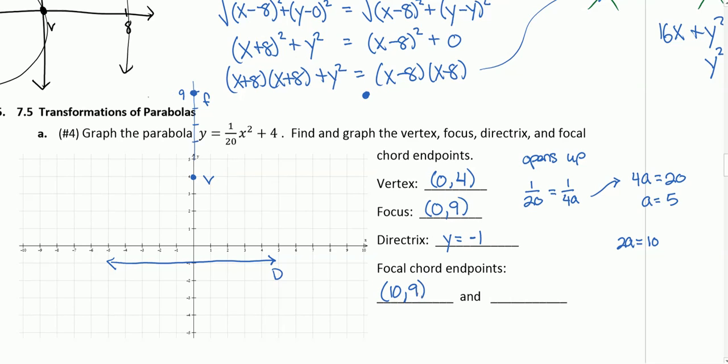If I go 10 to the left of the focus, I'm at negative 10, 9. And so my parabola opens from the vertex through those focal chord endpoints. The focus is always inside your parabola. The directrix is always on the outside, on the opposite side of the focus.